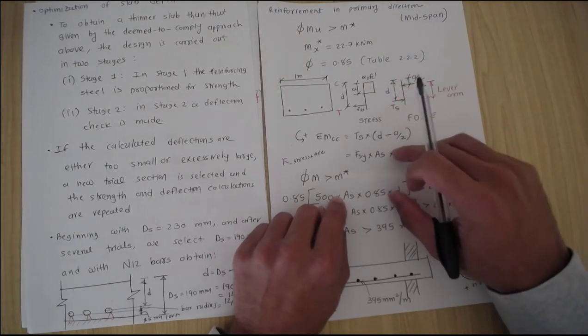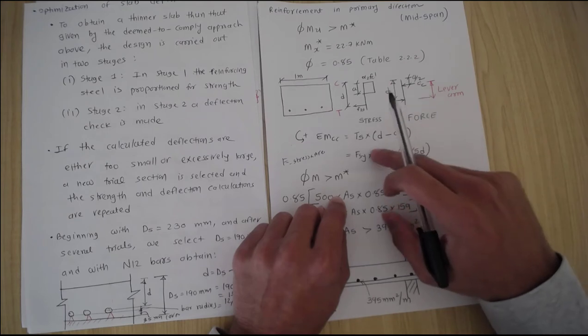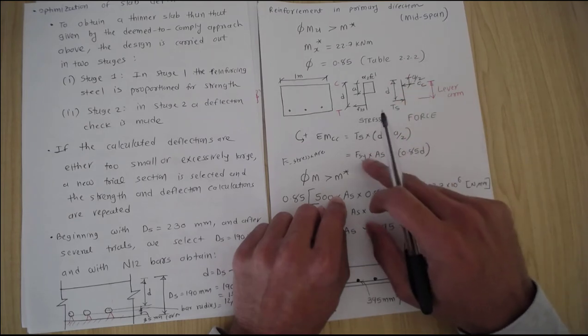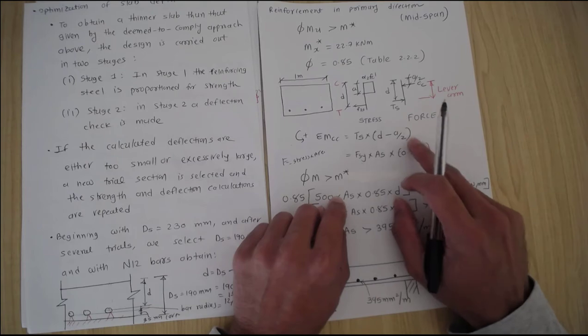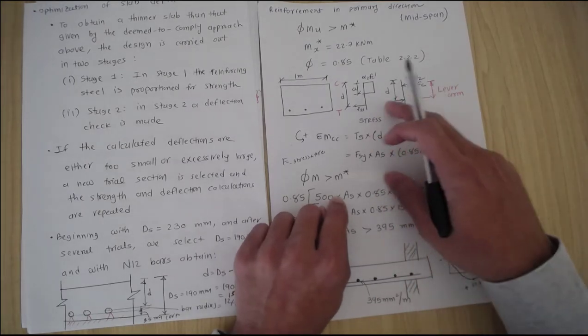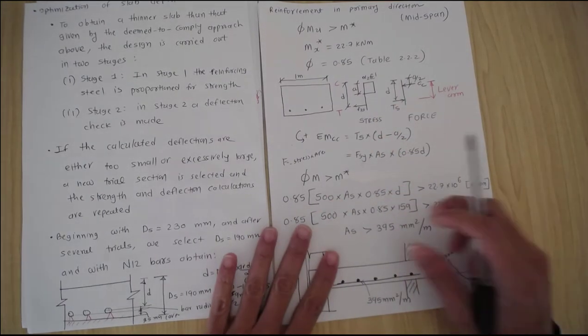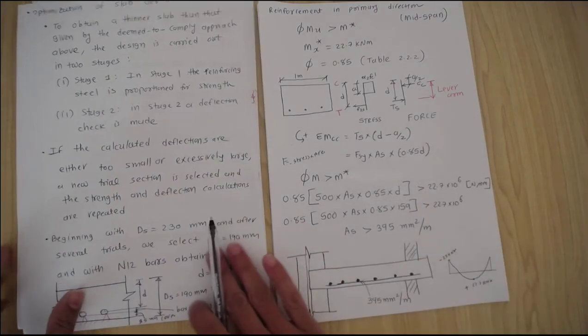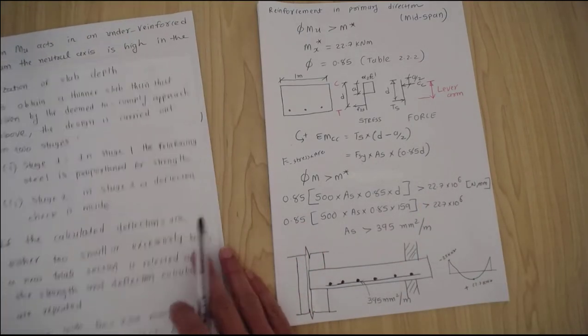Now it is challenging and time consuming to go through equilibrium and find this lever arm and the neutral axis depth and so on. So there is a quick assumption that I'd like to discuss here.